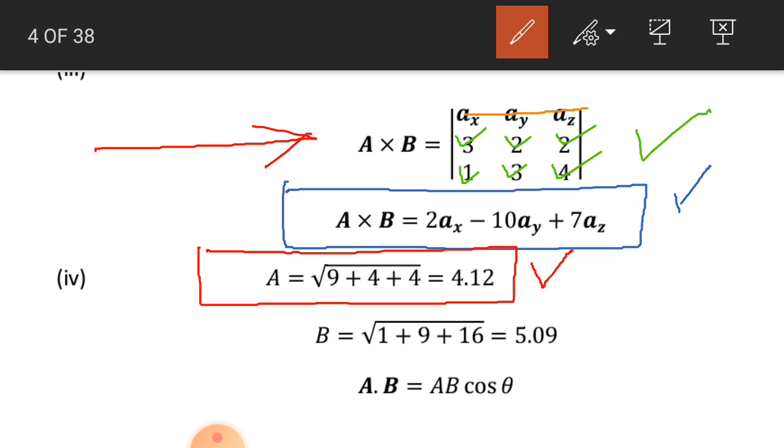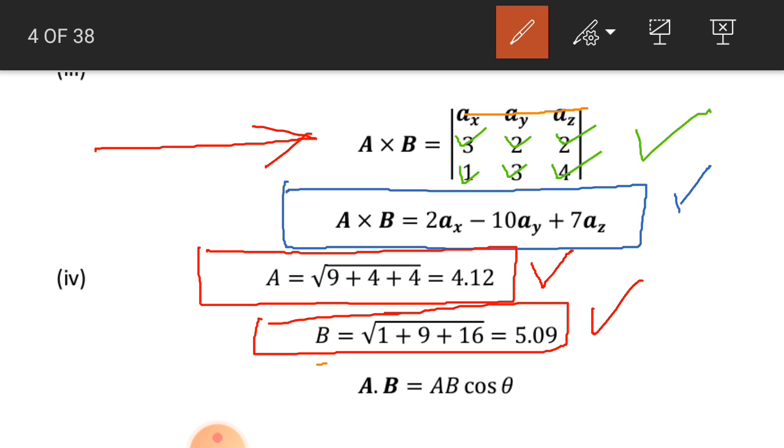We calculate the magnitude of vector B, and the magnitude of vector B will be equal to under root 1 square plus 3 square plus 4 square, that is under root 1 plus 9 plus 16, and that is 5.09.